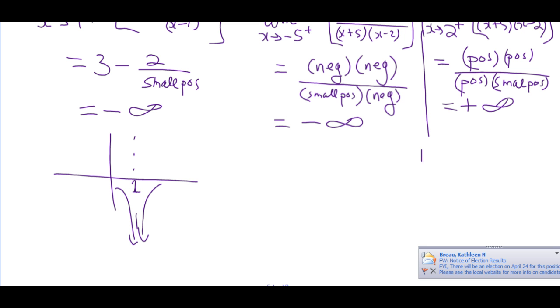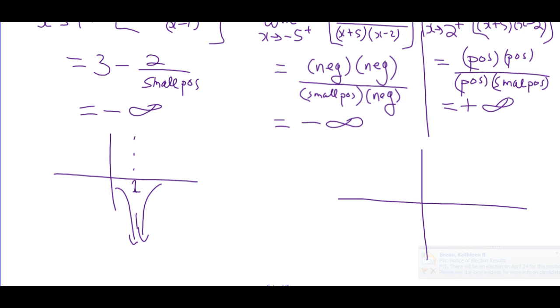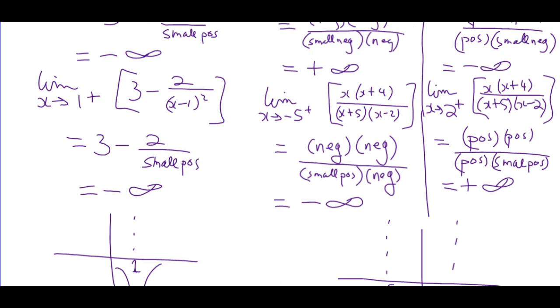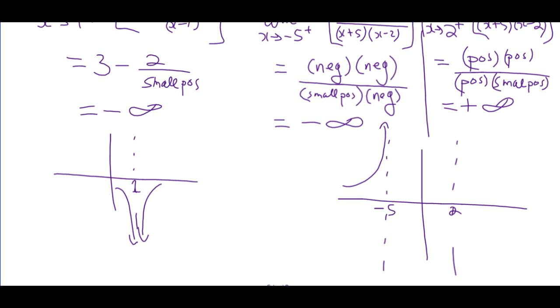Okay, and now we can sketch this. Okay, so what do we have? -5, +2, and we had what? -5 from below was positive infinity. -5 from above was negative infinity. 2 from below was negative infinity. 2 from above was positive infinity.